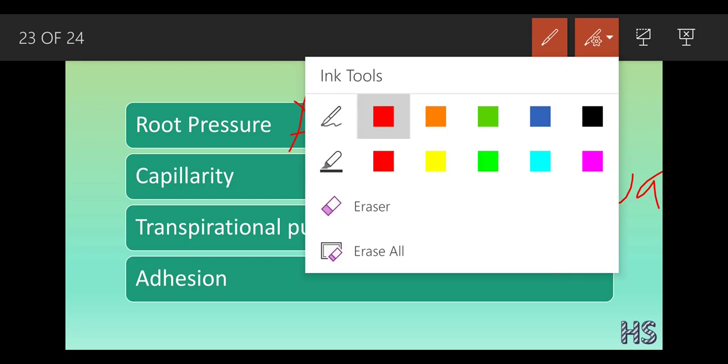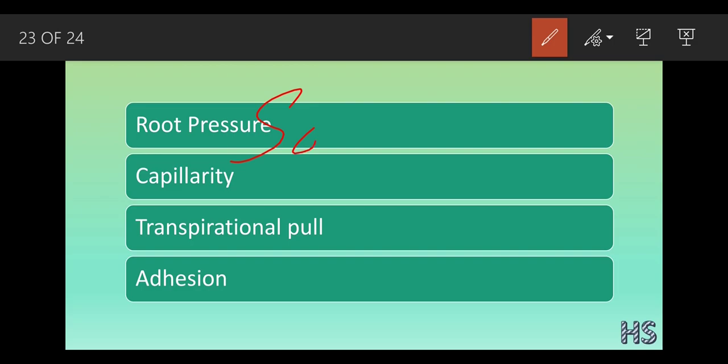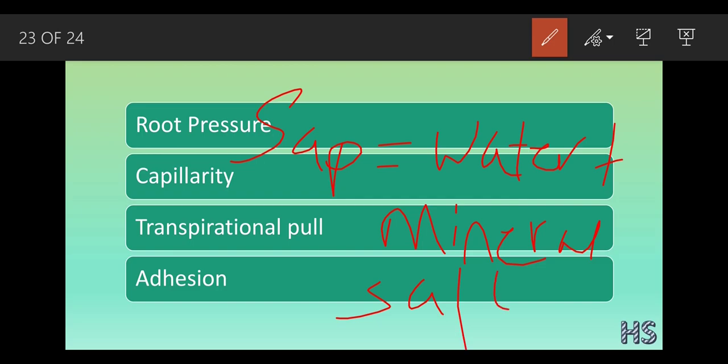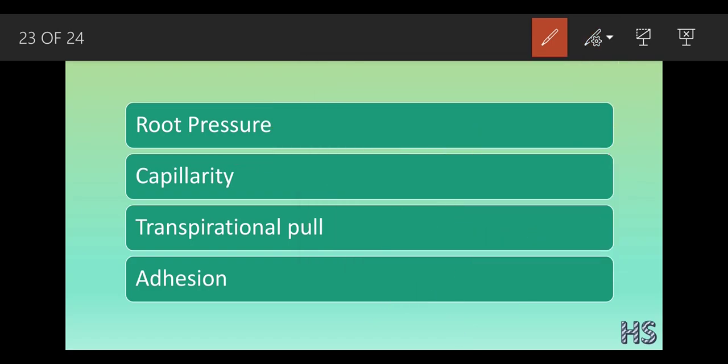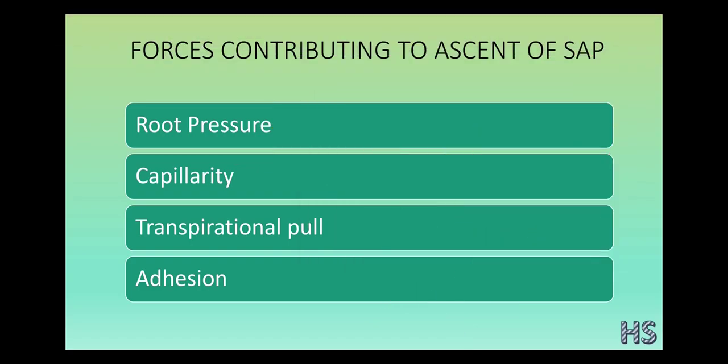Okay, sap means fluid filled with water plus mineral salt. Forces, see, so first there is root pressure. Root pressure we have already discussed.